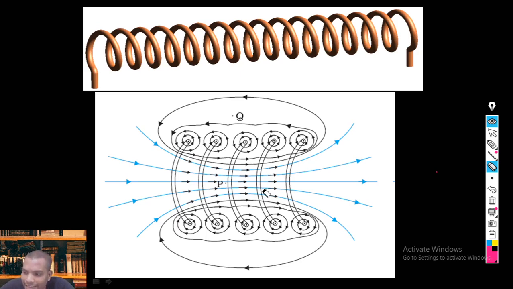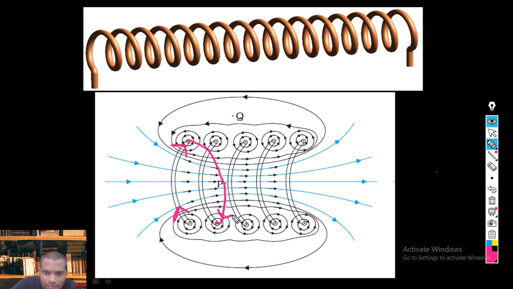Current enters in one coil on one side and leaves in another coil on the other side. If you draw it, if the current is entering here, from this point it is coming out and leaving there. And this coil continues to this other coil from inside.